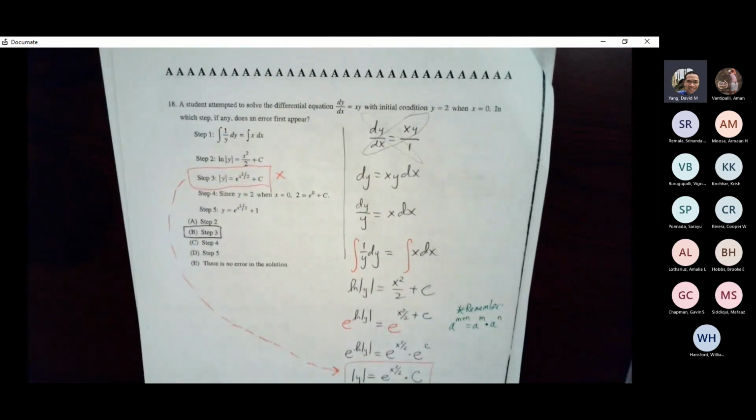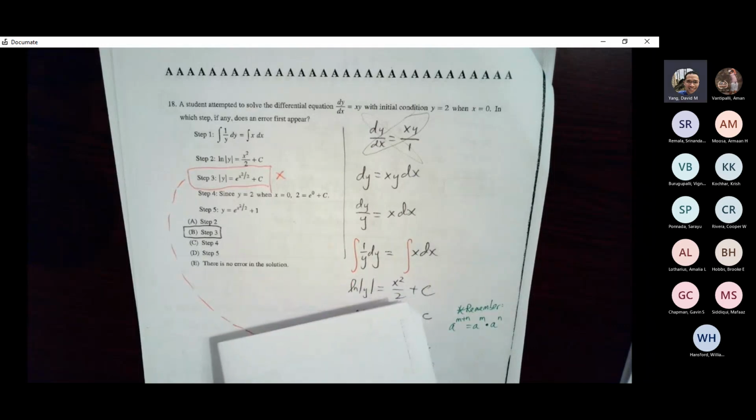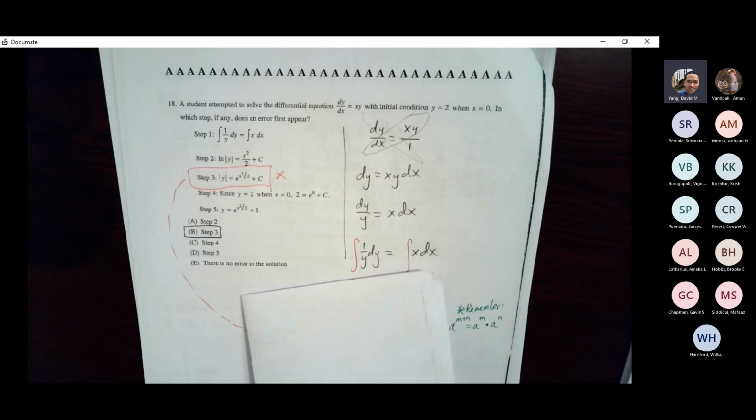All right, 18. A student attempted to solve the differential equation dy/dx equals xy with initial condition y equals 2 when x equals 0. In which step, if any, does an error appear first?